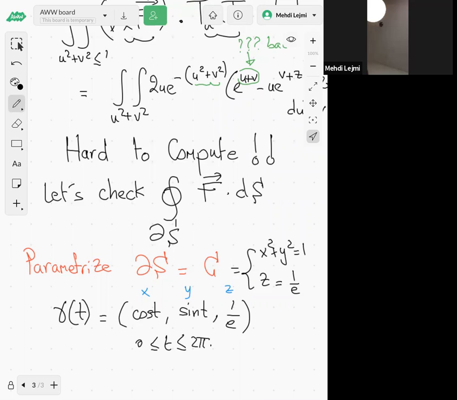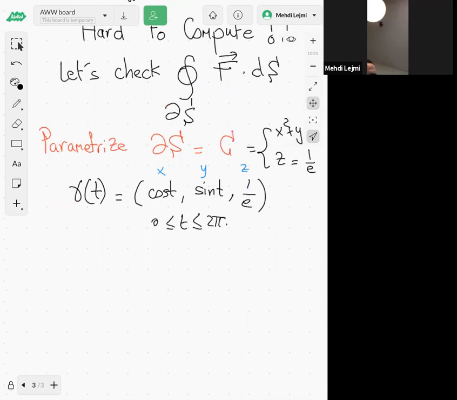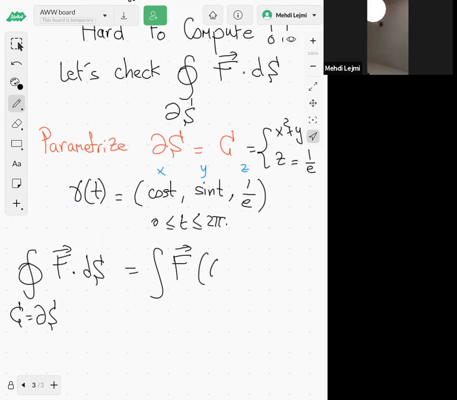All right, so now if you try to evaluate this vector line integral, the integral of f along the boundary of S, by definition this is the integral of f of gamma of t scalar product with gamma prime of t, dt, t between 0 and 2 pi. If you do the substitution and compute the scalar product, you're going to end up with this.